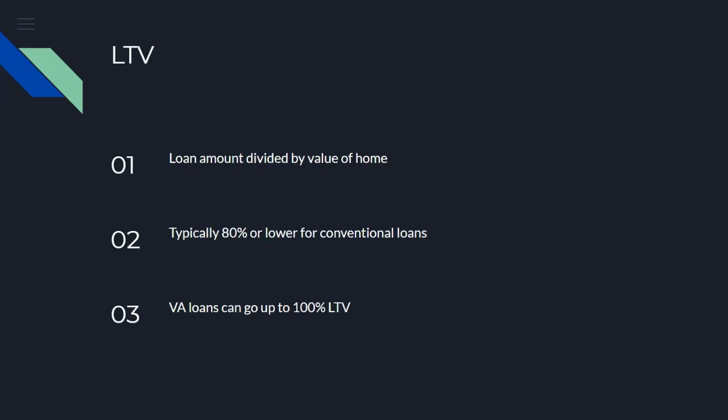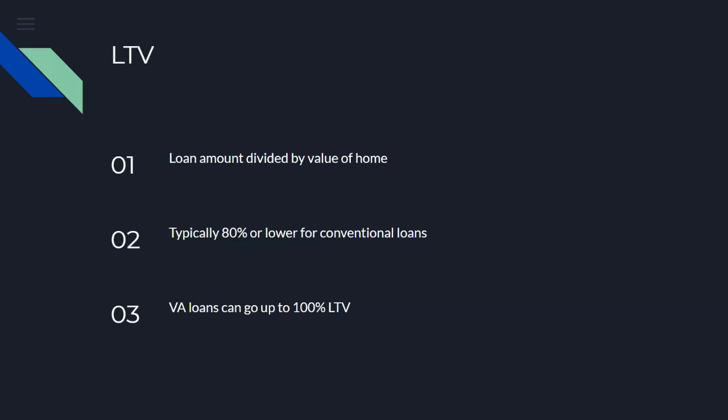That $300,000 divided by that $400,000 is 0.75, which is also 75% LTV. Typically, especially for conventional loans, we want the LTV to be under 80%. It's that whole risk factor.